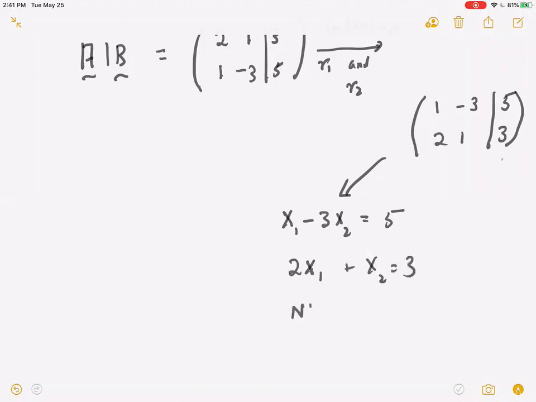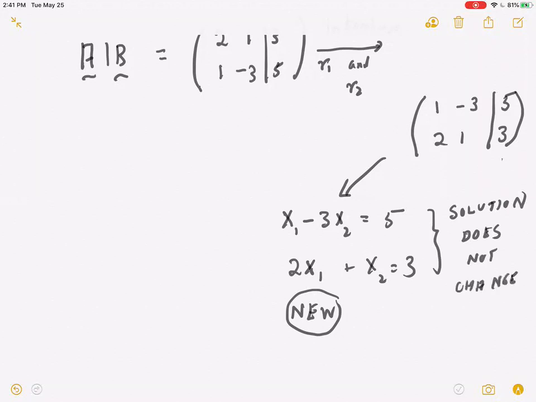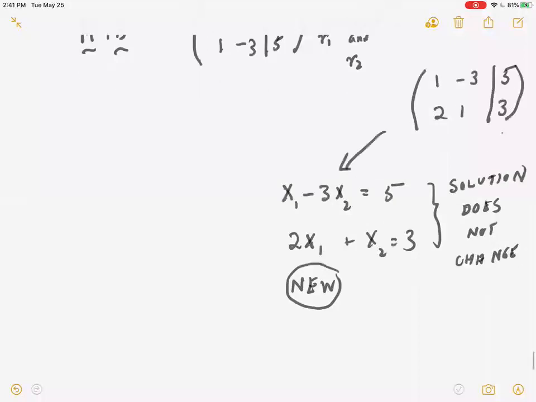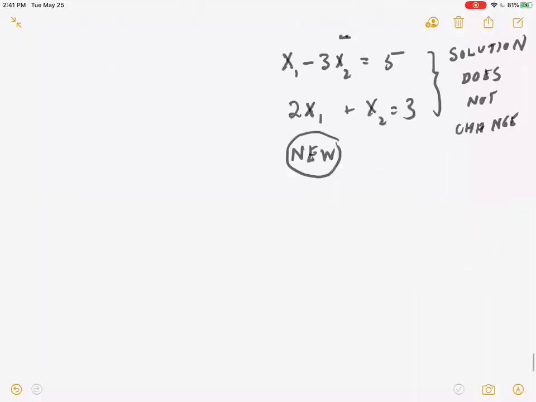So these are new, but again, and I leave it up to you to verify this, the solution does not change. So elementary row operations don't change the fundamental nature of the solution, or lack of solution, if you will, for the original linear equations you're dealing with. 2 down, 1 to go.